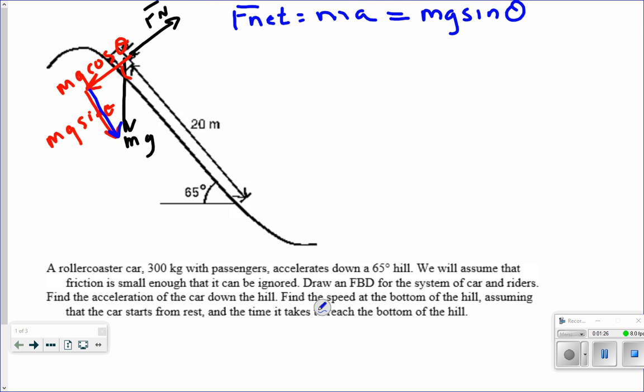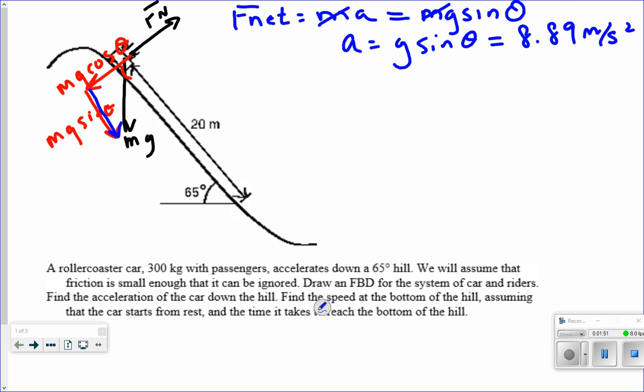If we want to know the acceleration of this thing going down the hill, we can cancel out that. So the acceleration is going to be very simply g, or 9.81, times the sine of our angle. When you do the math, you should get about 8.89 meters per second squared, which is pretty big. But this is kind of a crazy inclined plane, right?